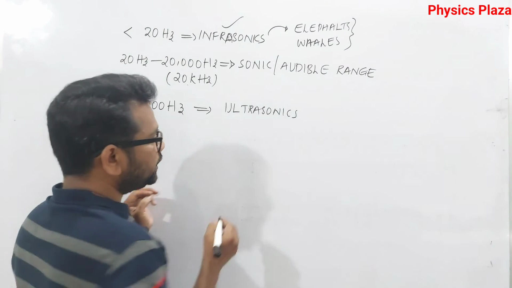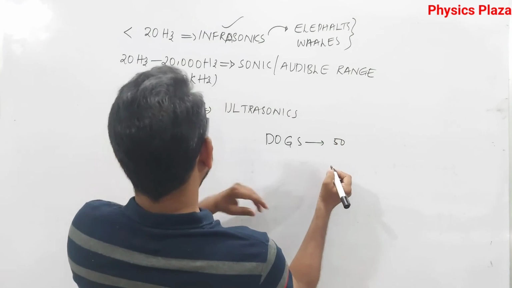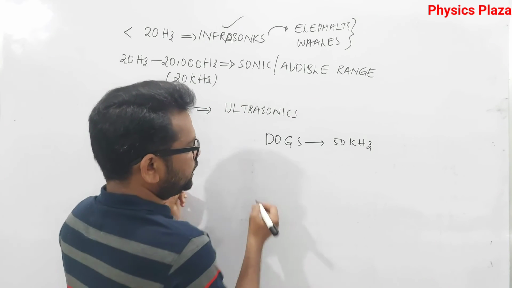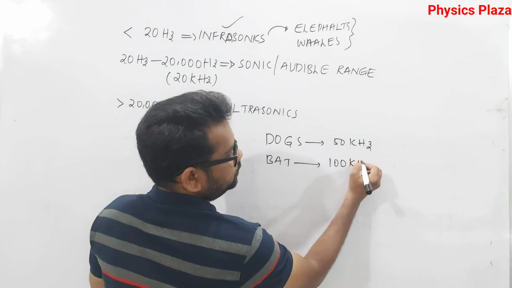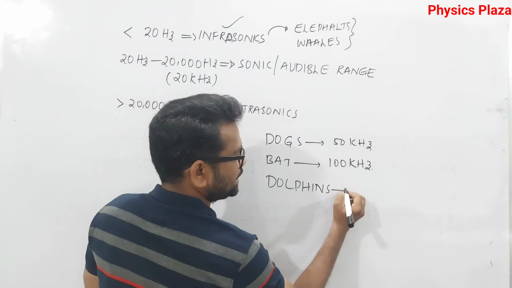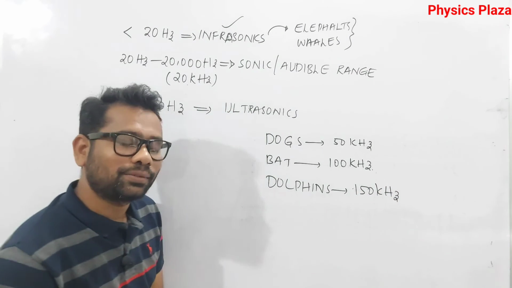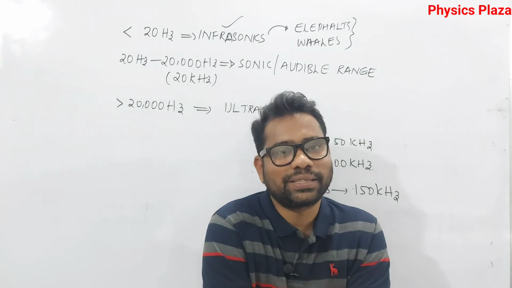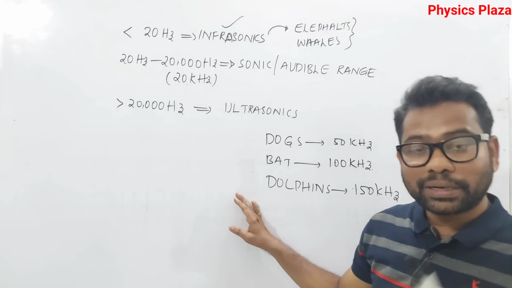And one more important thing, children: dogs can hear sound up to 50,000 hertz, bats can hear sounds up to 100 kilohertz, and dolphins can hear sounds up to 150 kilohertz. So mind blowing. Sometimes we think we human beings are too intelligent, but we cannot hear sounds with less than 20 hertz and greater than 20,000 hertz, but animals can.